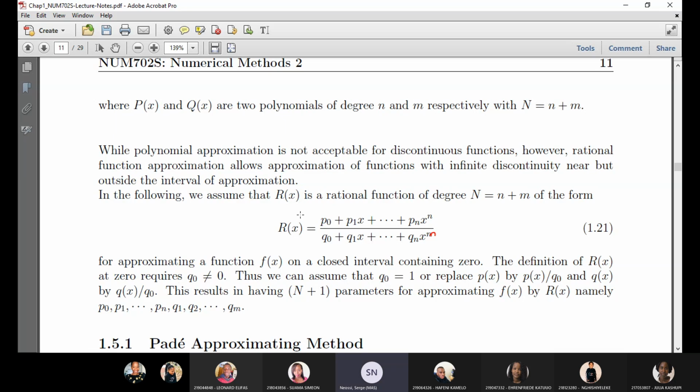Now if you want to approximate using this expression, how many unknowns or coefficients do we need to determine? Here in the numerator we have n plus 1, and in the denominator we have m plus 1.